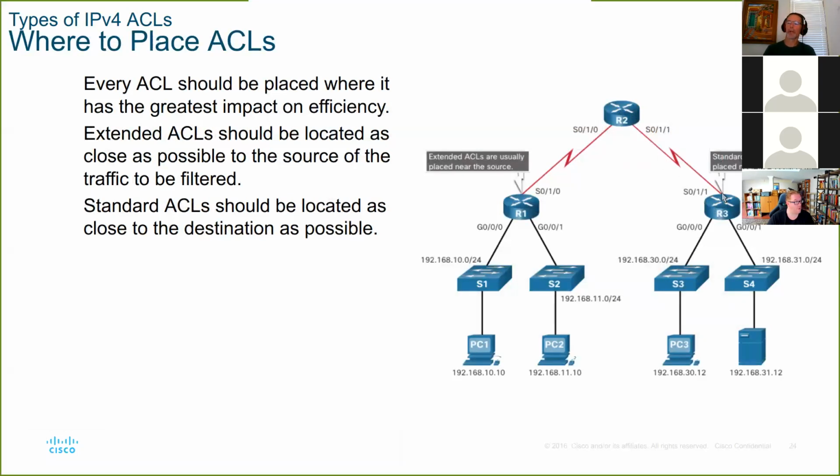So I'm going to put it right here because I don't want this network to get to either of these networks. So I put it here and it blocks them from getting to either of the two networks. The downside to that is if we were only blocking one of these, I would also end up blocking the other. So if I just wanted to prevent LAN 10 from getting to the 30 LAN, I would put it here outbound.